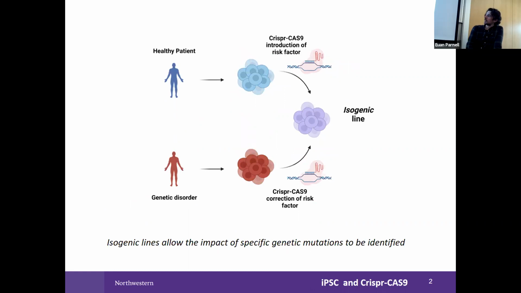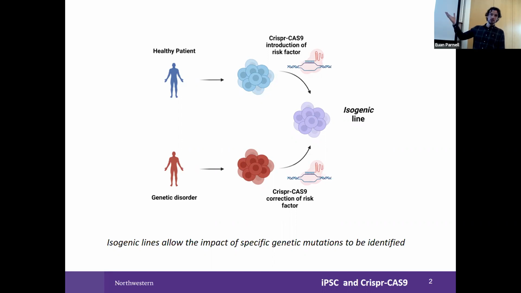So one other useful thing is that when iPSC are in this pluripotent state, they can also be expanded almost indefinitely if you've got good cell culture technique. And that allows us to use these genome editing tools like CRISPR-Cas9 to modify the genomes from these very genetically variable patients. And so there's two routes that we can do that.